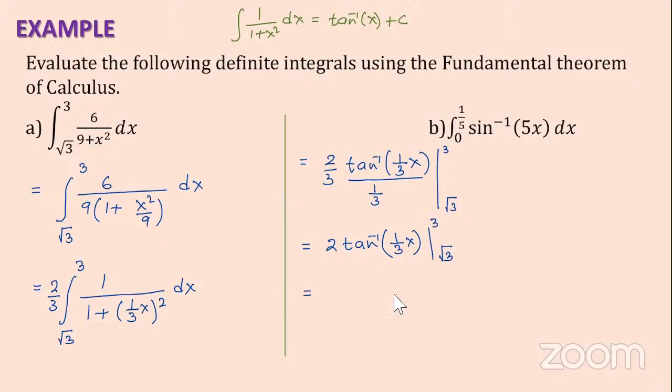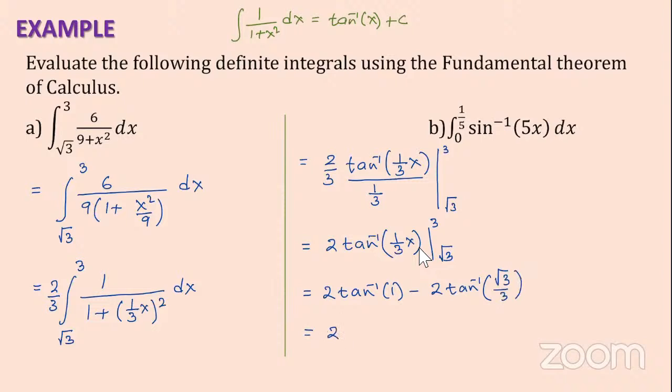Now we are going to use the fundamental theorem of calculus to evaluate this. So we plug in the upper limit. When we plug in the upper limit, it will be 2 tangent inverse of 1/3 of 3, which is 1. Then minus, if we plug in the lower limit, it will be 2 tangent inverse of 1/3 of square root of 3, which is the same as square root of 3 over 3.